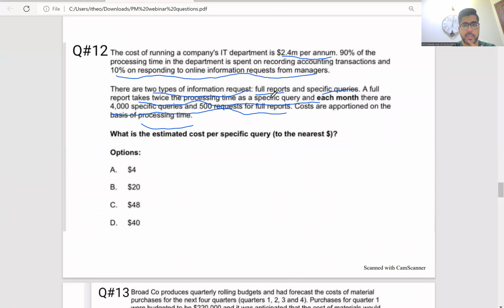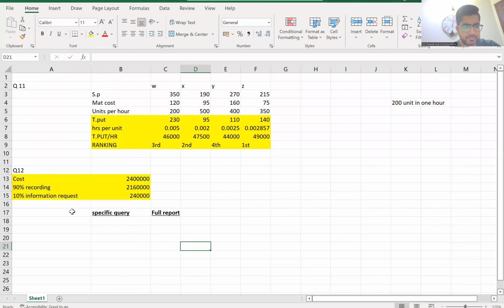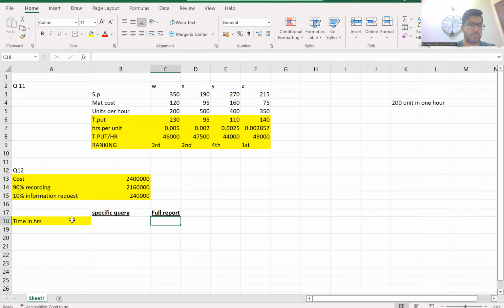Two types of information requests: full reports, specific queries. Full reports take twice the time as a specific query. So let us say a full report takes twice the time as a specific query. Assume a specific query takes 1 hour; a full report takes 2 hours.